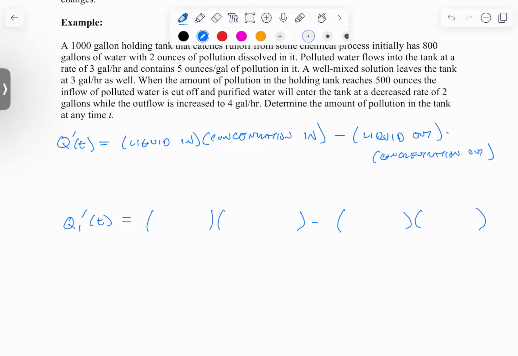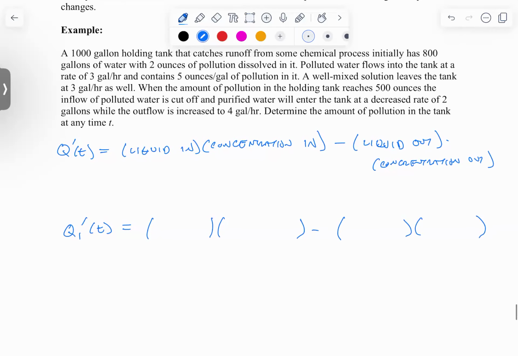So with our information here, for initially what's happening, what's the rate going in? 3 gallons per hour. Yep. Now be aware that it's 3 gallons per hour and ounces per gallon, so I know that I have ounces per hour.